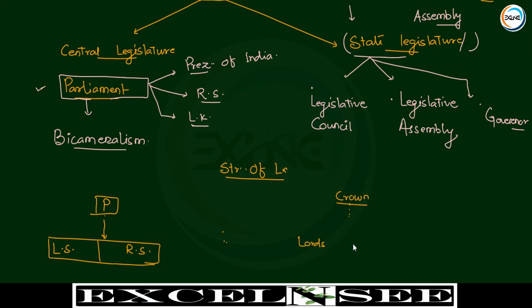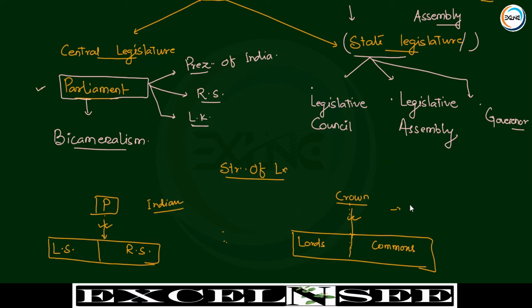So the Crown in Parliament is the same as the President in Parliament in the Indian context. So this is the Indian context, and here it is the British context.